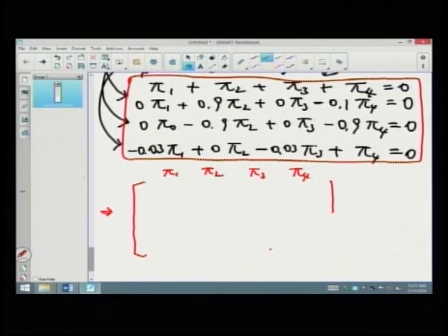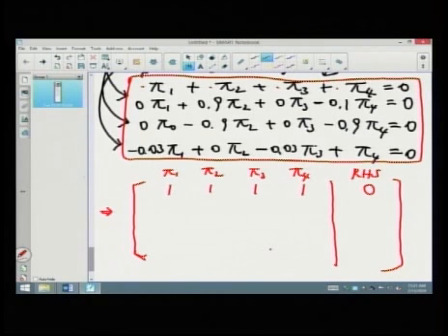And then I'm going to write a large vertical bar and put the right-hand side values right here. I take the coefficient values and put them in this large matrix. So I have 1, 1, 1, 1 up here, and then 1 on the right.